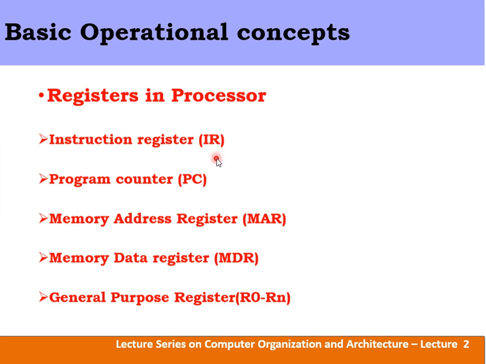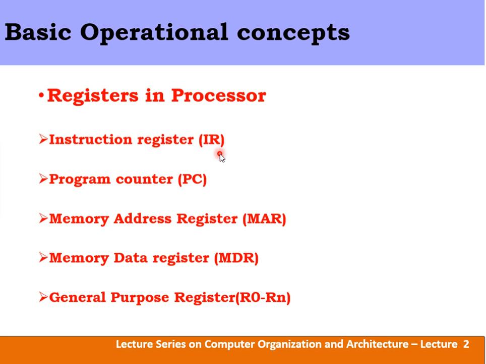The first one is the instruction register, in short denoted as IR. The instruction register is used to hold the instruction. We know that a program is a list of instructions, and the program is executed instruction by instruction.